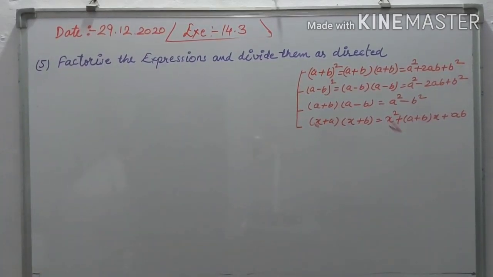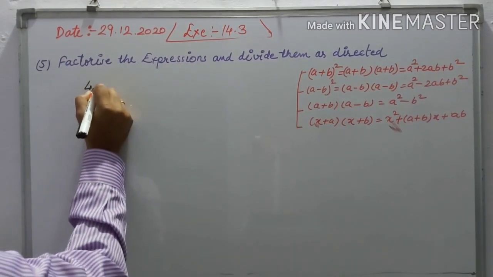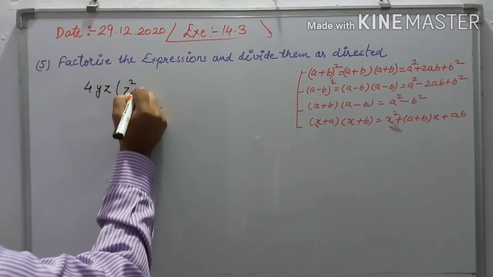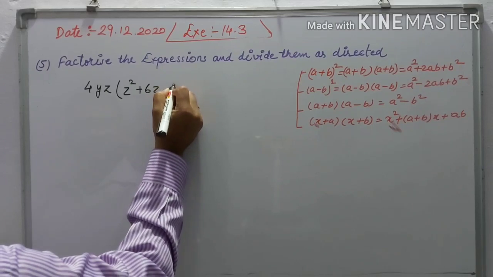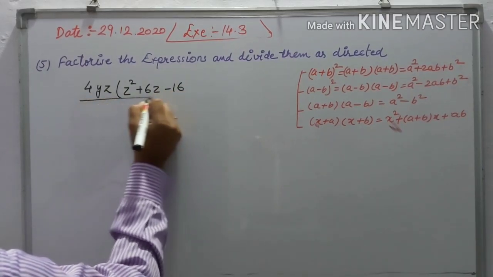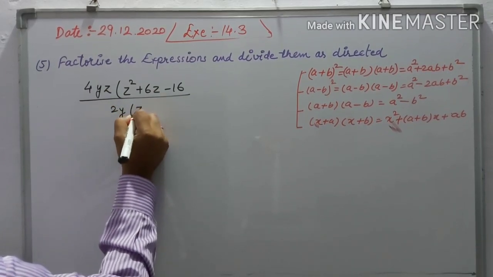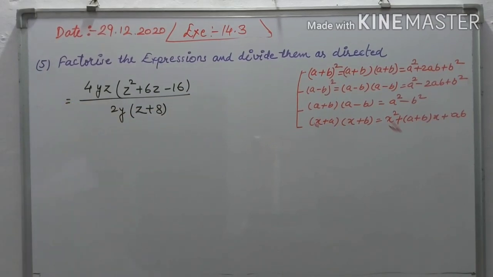Question number 4 is 4yz(z² + 6z − 16) upon 2y(z + 8). Again we use the identities.